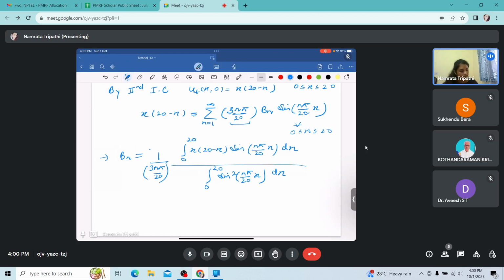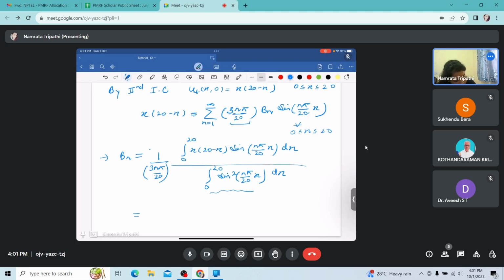The integration of the denominator, what will be the value of the denominator?